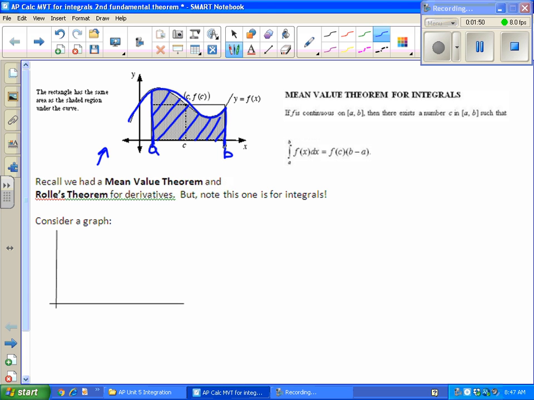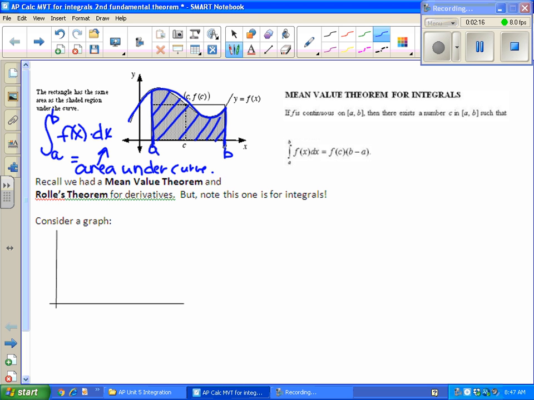But we now know with calculus, if we take the integral from a to b of whatever that curve is, and right now we'll just call it the function f of x, with respect to x, that's going to give us the area under the curve. So far so good? Good. So if we calculate that, the part that I shaded in blue, that would give it to me.